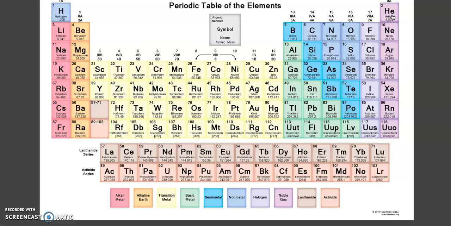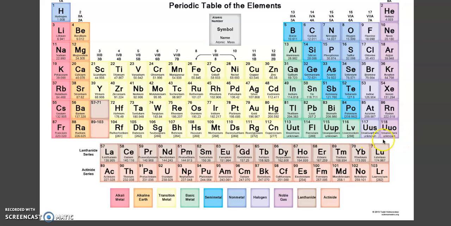And so this is the periodic table of elements. It contains all 118 known elements. And when we get down here, these elements are not actually naturally occurring, they're man-made. So we're up to 118.